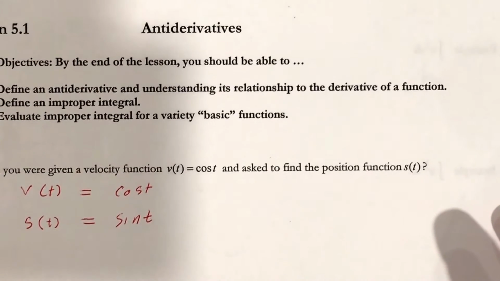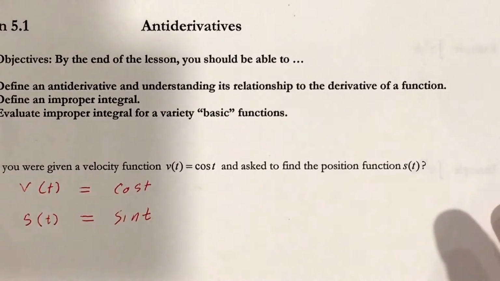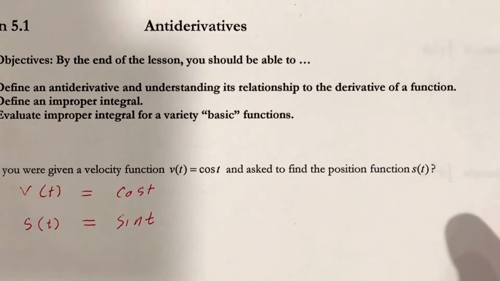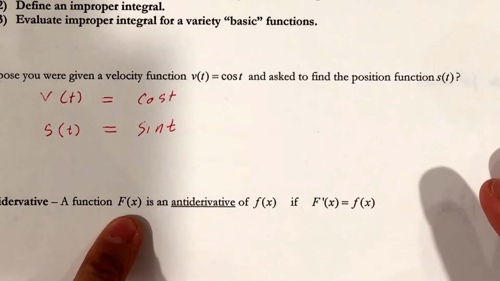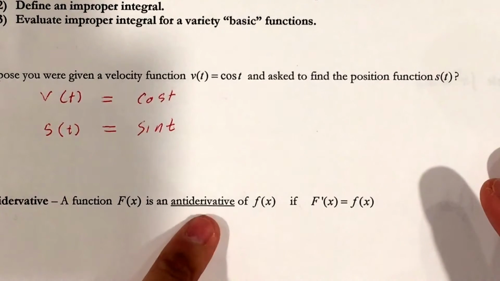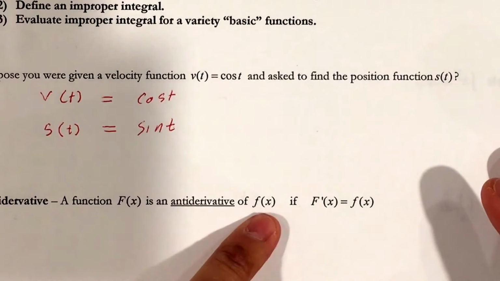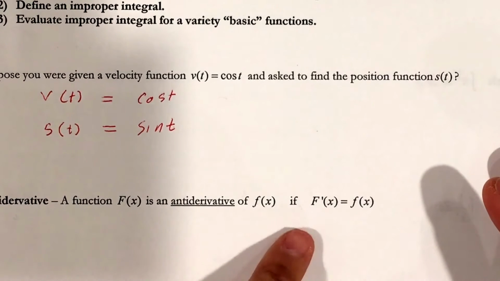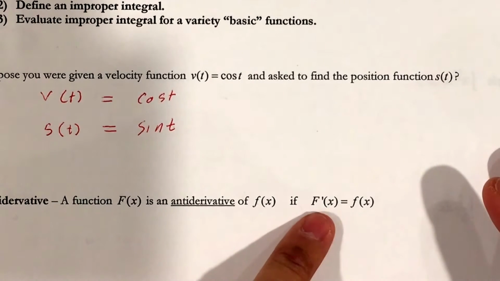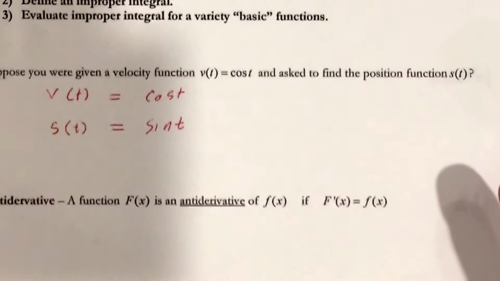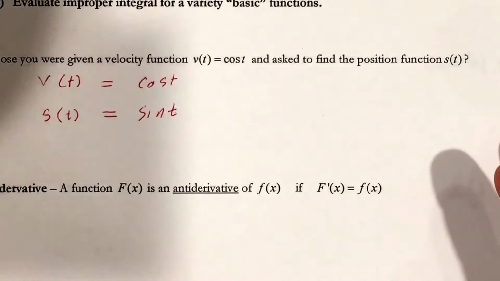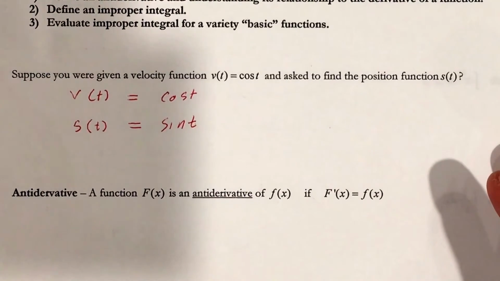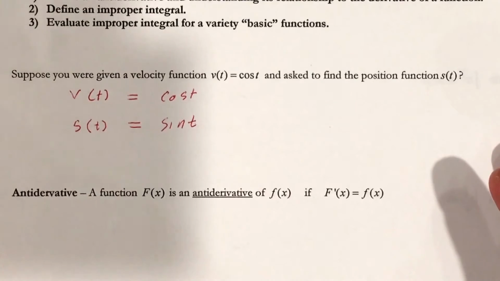Good. Now, the definition of antiderivative. A function, big F, is an antiderivative of little f if the derivative of big F is little f. So from now on, when we refer to antiderivative, we are going to label that big F. All right, let's apply that to this problem.